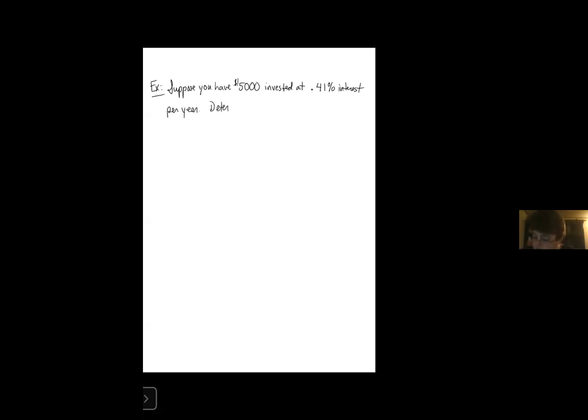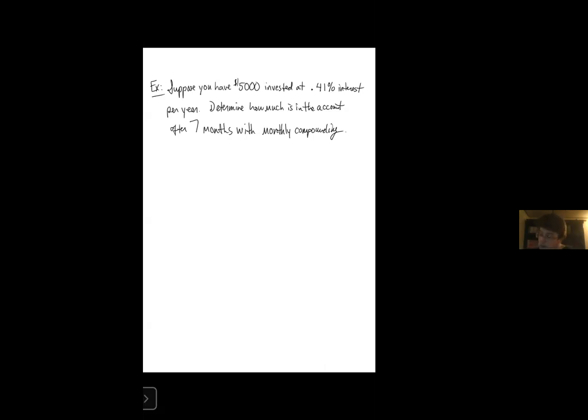Determine how much is in the account after 7 months with monthly compounding. So I'm going to use the first formula, the one where we use the I rate, the interest per compounding period.